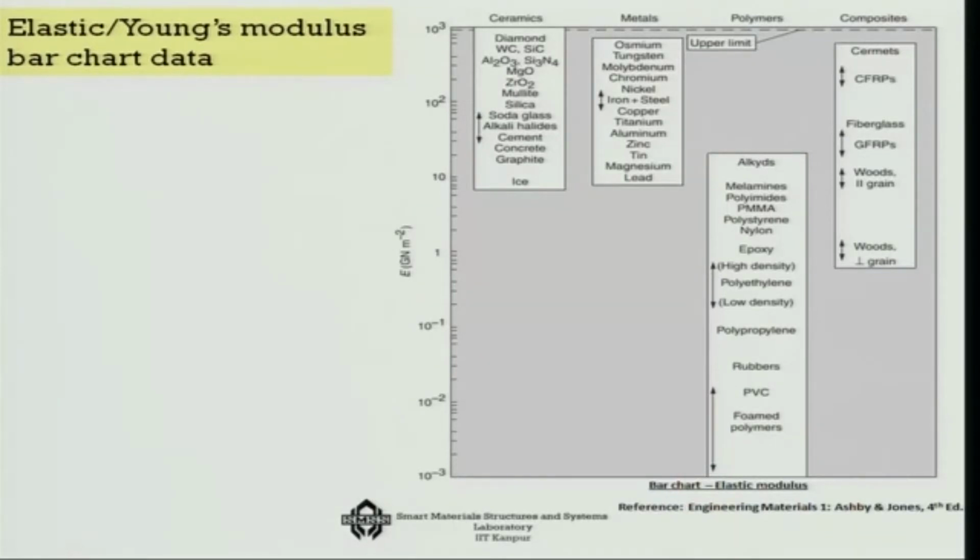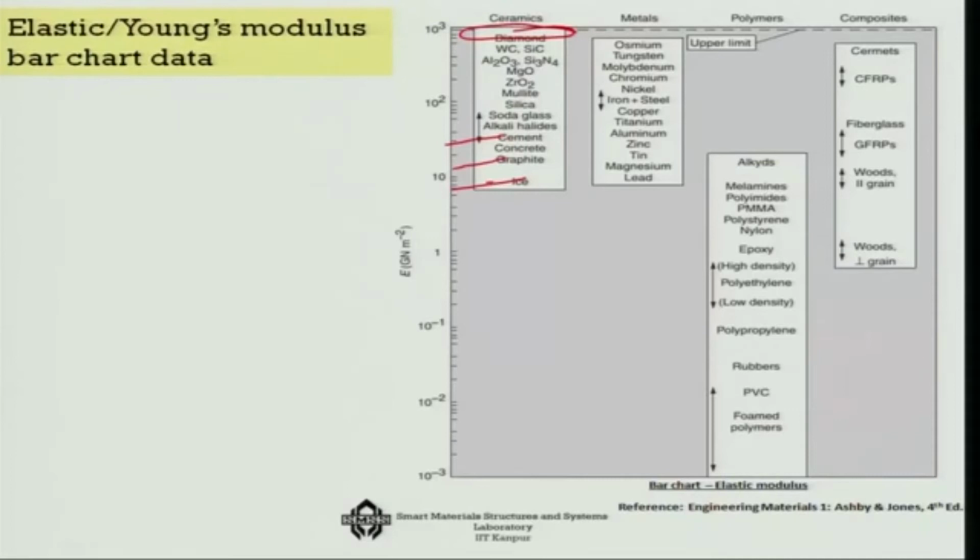For example, if you consider ceramics, they generally have a very high elastic modulus, like diamond, and then some may have lower modulus of elasticity, for example the glasses, the ice, the graphite, the cement. But in general ceramics have reasonably high modulus of elasticity.